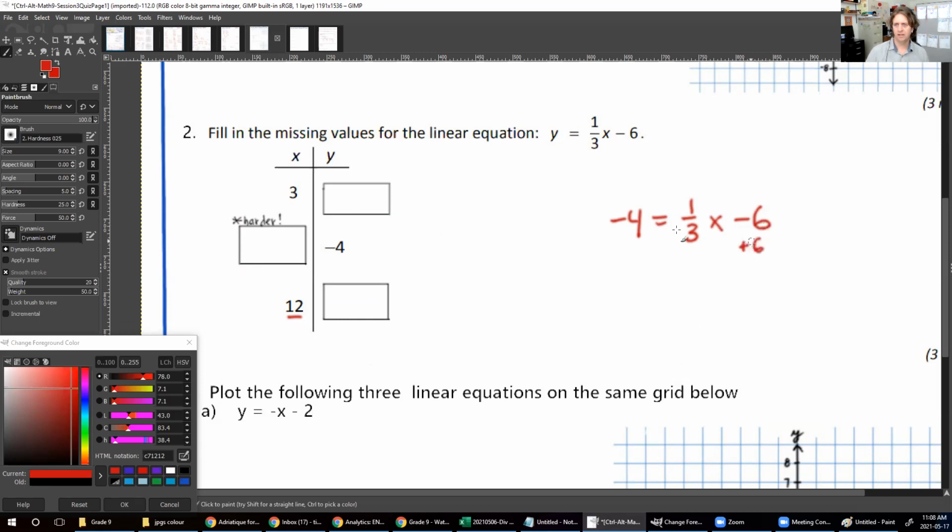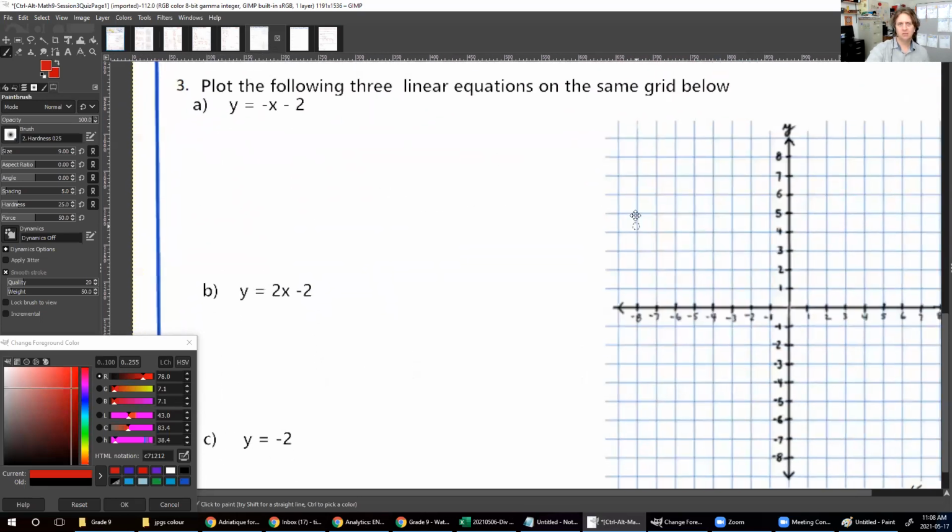You're going to keep the x terms on this side of the equals. You're going to add the 6. You have 1/3 x is equal to 2. You're going to multiply by the opposite of the 1/3, which is times 3, times 3, and you're going to solve that. You'll find out what x is equal to.